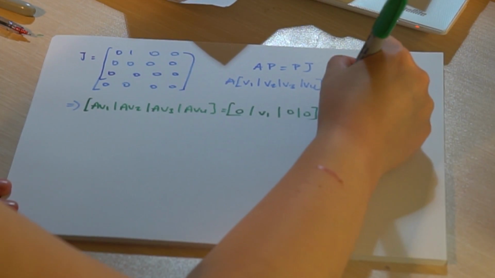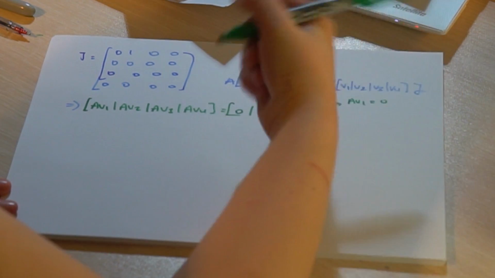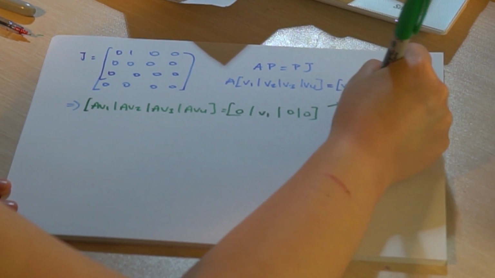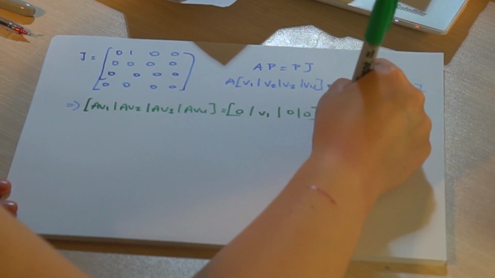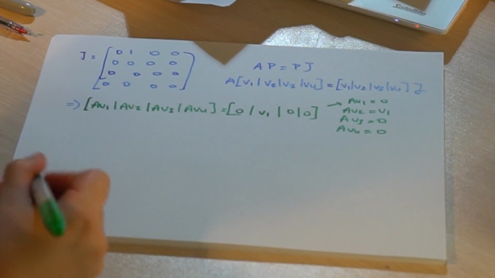So we have AV1 equal to 0, AV2 equal to V1, AV3 equal to 0 and AV4 equal to 0.